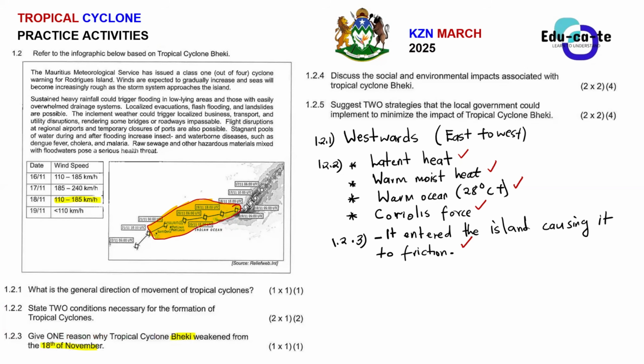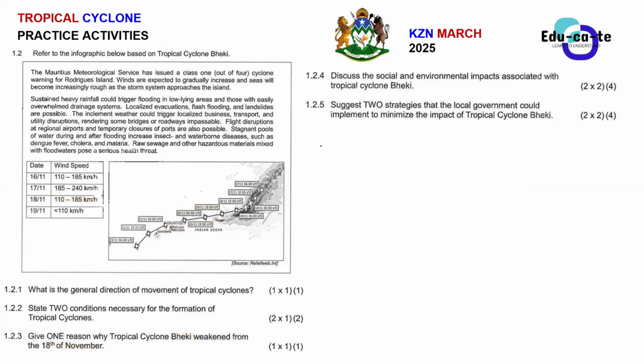Okay, we just wanted 1 point for 1 mark, simple one. Let's see 1.2.4. Discuss the social and the environmental impacts associated with the tropical cyclone Peggy. So we want the social and we also want the environmental impacts, and we've been given them from the case study.